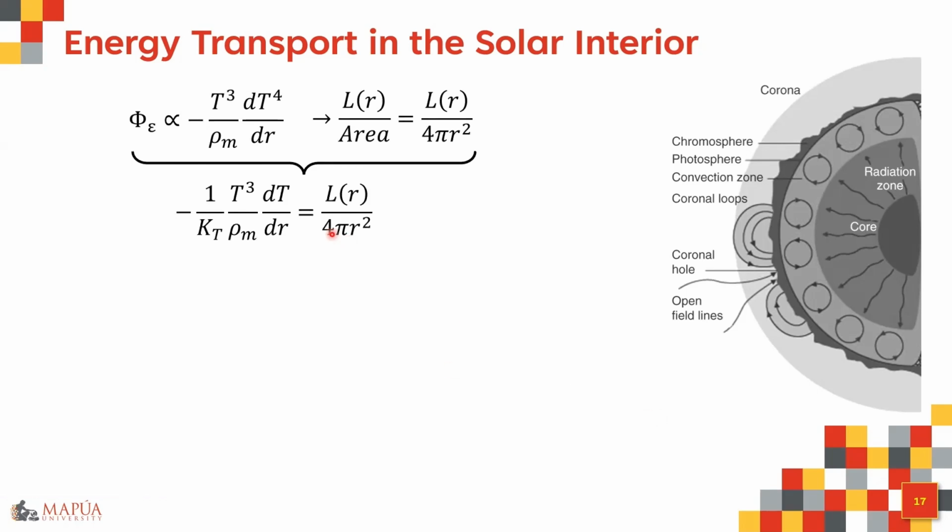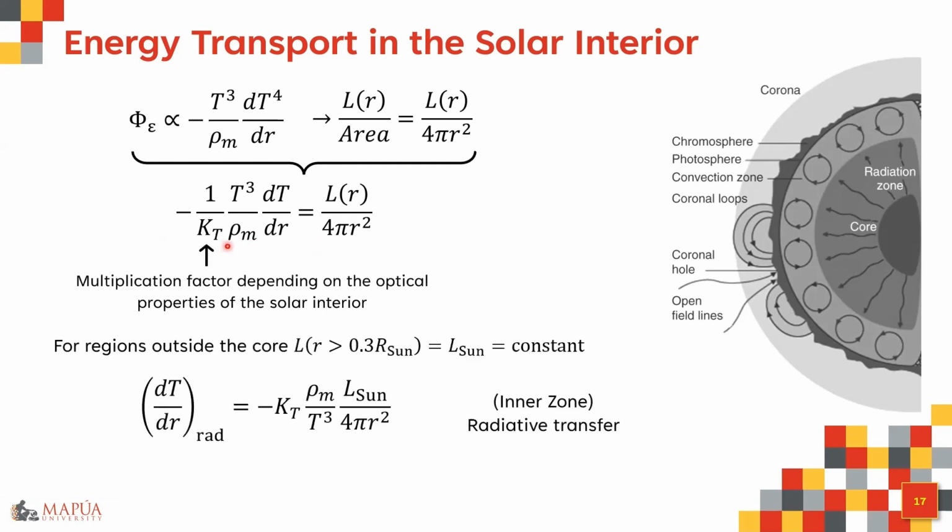I'm not going to go into the details of the math, but I'm just going to show you how this is usually done. The radiation rate is equal to this one between the surface of the core up to the boundary of the radiation zone and the convection zone. Here, KT is a multiplication factor depending on the optical properties of the solar interior, so we can model this.